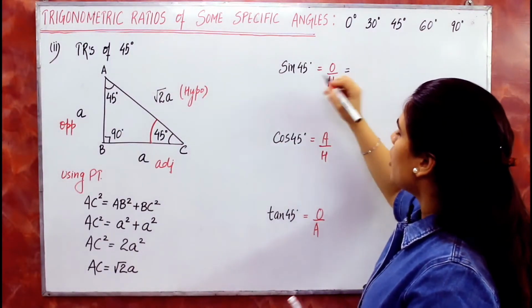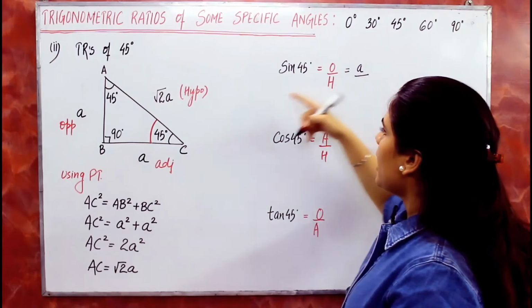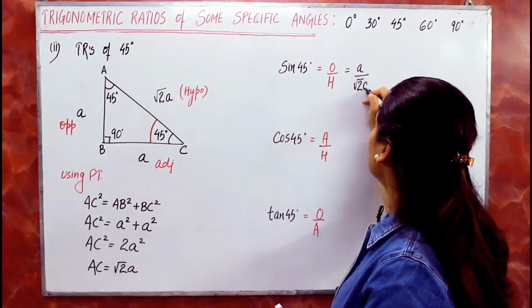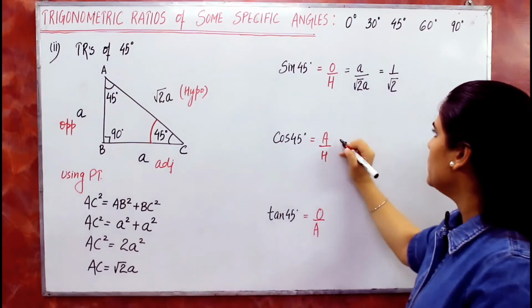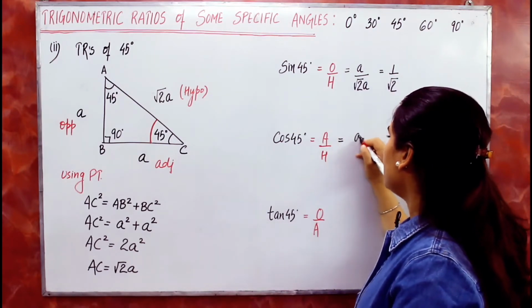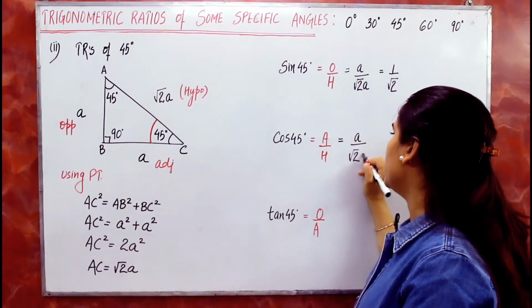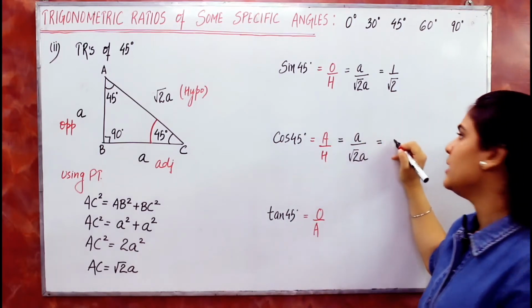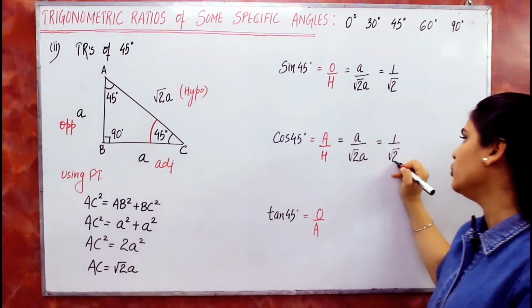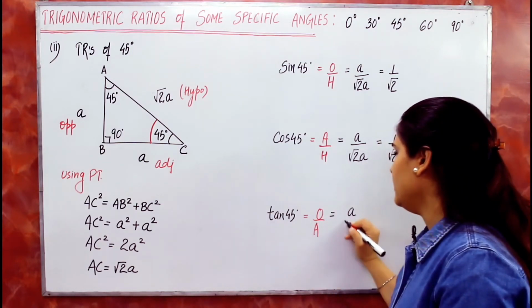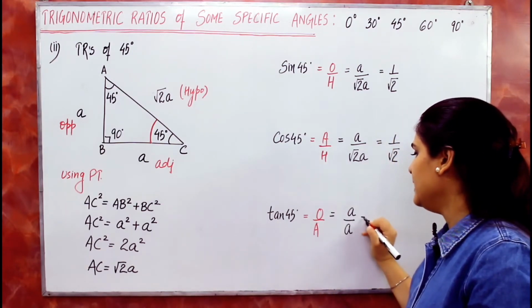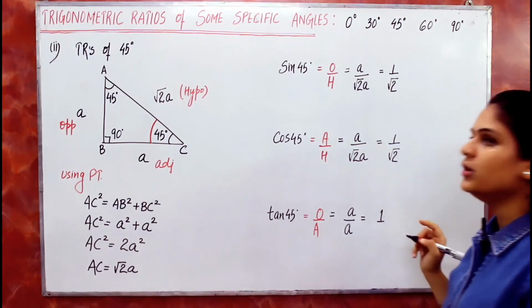Sine 45: opposite a, hypotenuse root 2 a, so this comes out to be 1 upon root 2. Adjacent side a, hypotenuse root 2 a, you can cancel out a, final value 1 upon root 2. In case of tan 45, opposite side a, adjacent side a, and the final value is 1.